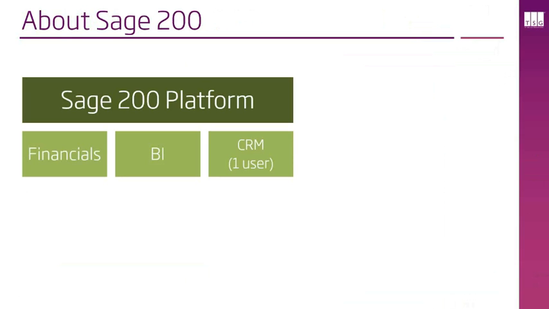So in addition to your standard report designer, which by the way is exactly the same as the one in Line 50, we have some analytical reporting in Excel, which Sam is going to talk about in a bit more detail. You get that out of the box with the base platform, and we also get a single user of CRM, so we have an integrated CRM module as well.